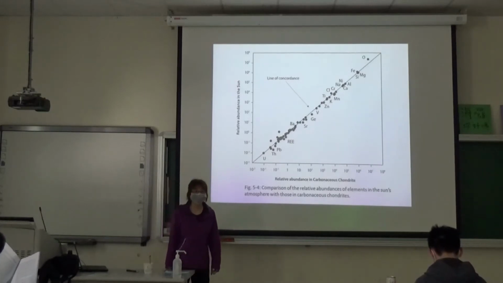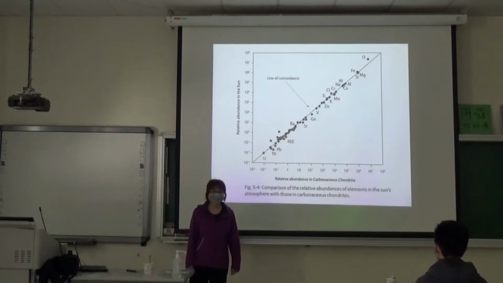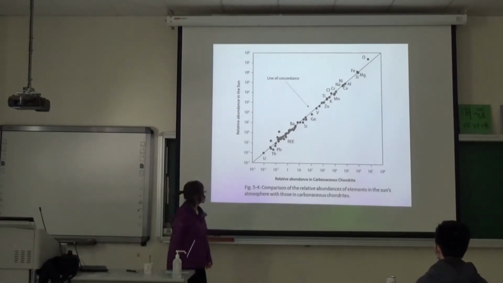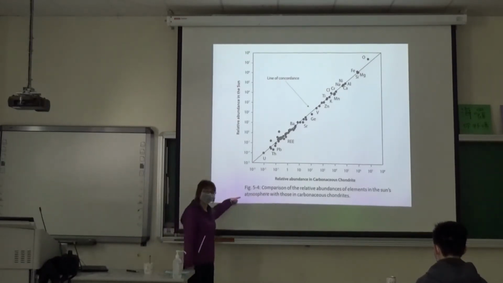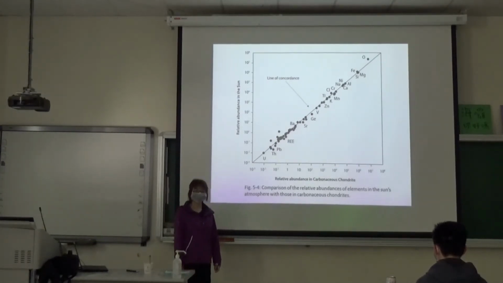How is the abundance in figure 5 quantified? Because there are a lot of numbers, like 10 to the second, 10 to the 3, and I can't find it. Do you mean the carbonaceous chondrite or the Sun? Both of them. How were they quantified?